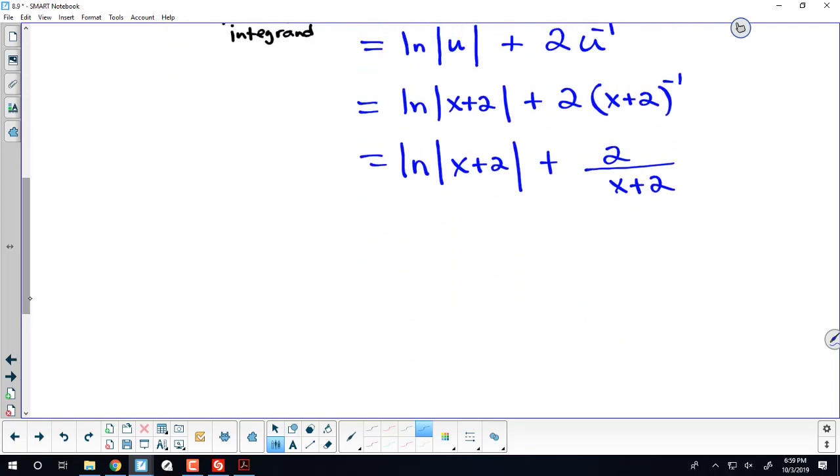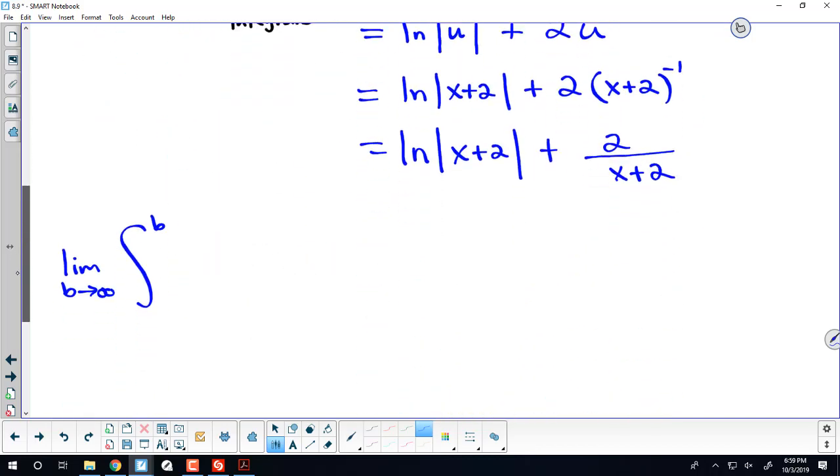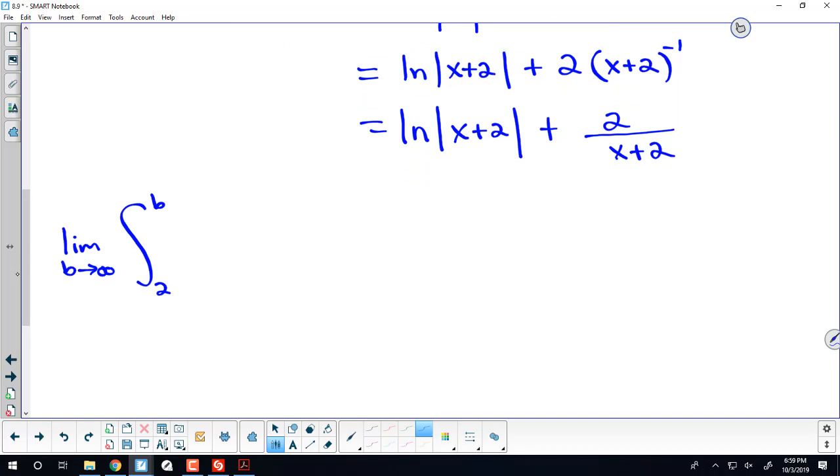All right, so then the original integral, the limit as b approaches infinity of the integral from 0 to b of x over (x plus 2) squared, is equal to the limit as b approaches infinity.